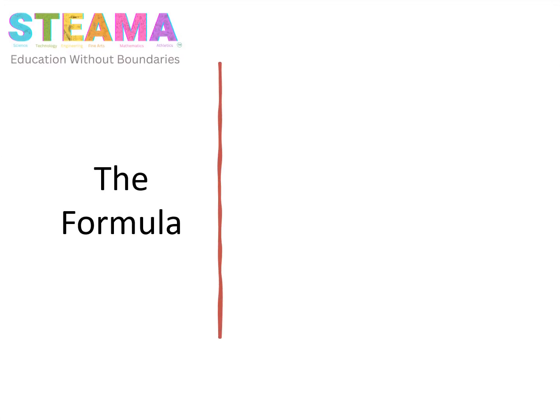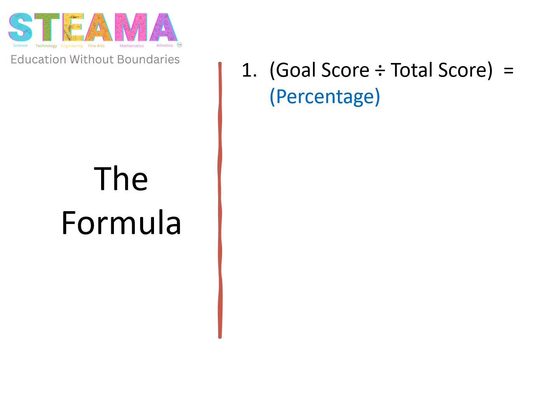At STEAMA, we teach a simple formula that you can use to figure out how many questions you need to get correct on each section of the SAT, ACT, or CLT to qualify for Bright Futures. The first thing we teach is to look at your goal score.